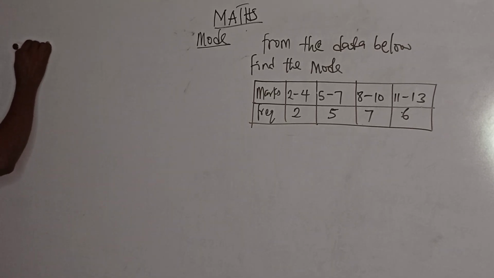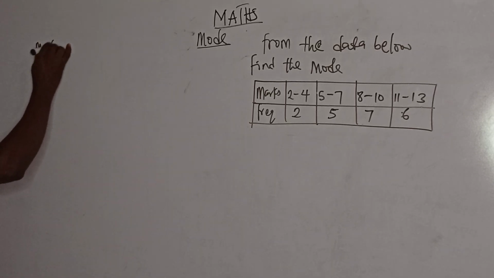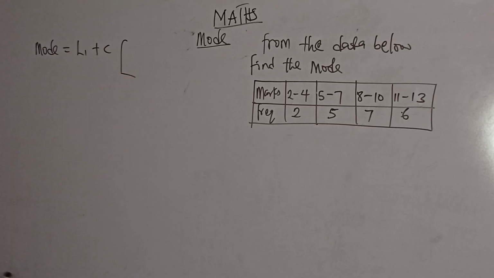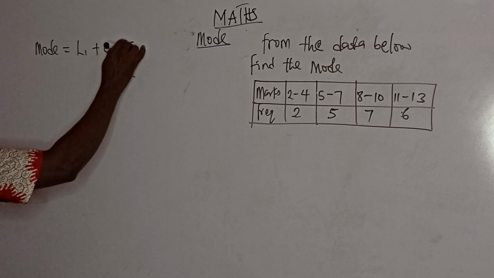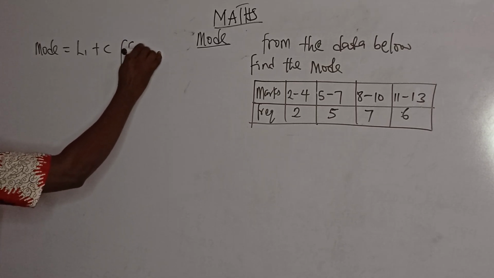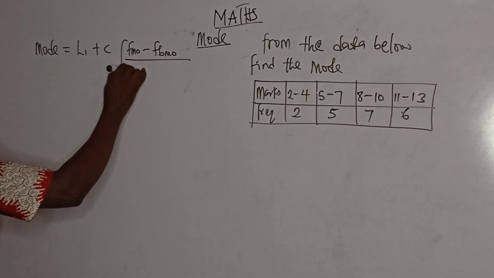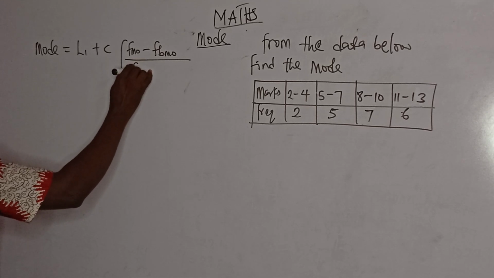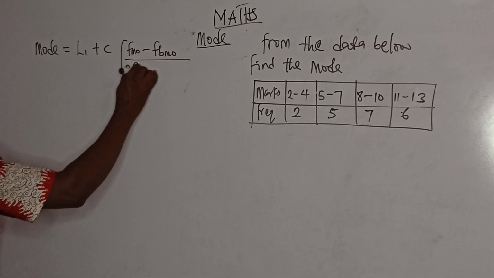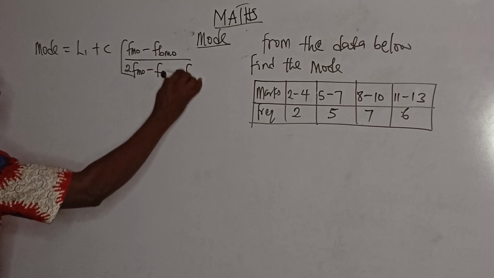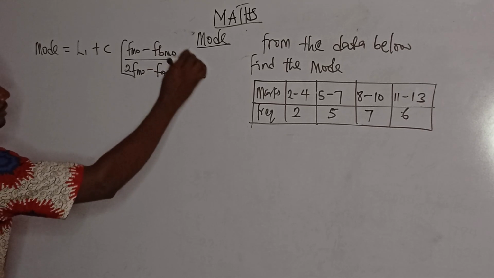Mode is lower class boundary plus class size times frequency of modal class minus frequency before modal class, over 2 times frequency of modal class minus frequency after modal class minus frequency before modal class.